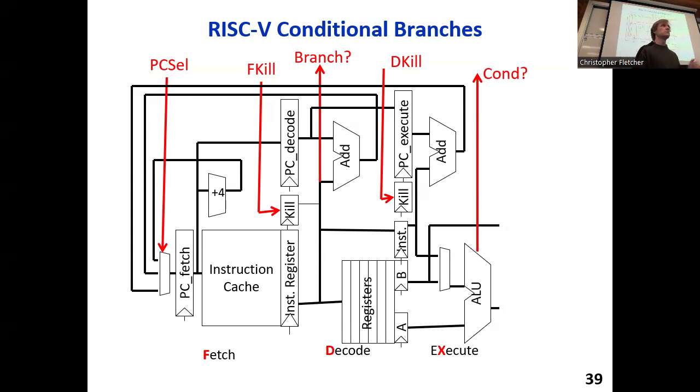In many ISAs, calculating the condition is implemented via basic arithmetic operations. Like if you want to compute whether one value is greater than another, you can subtract one from the other and then use a two's complement encoding to determine whether the result is negative. So you can actually use the same type of arithmetic for both the condition and the target control. So that would complicate the pipeline in two respects.